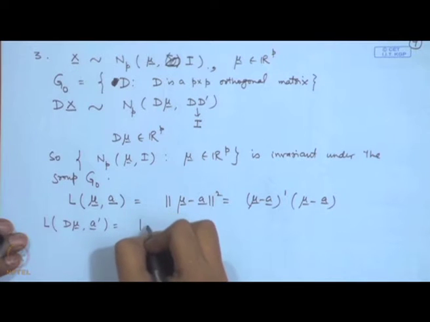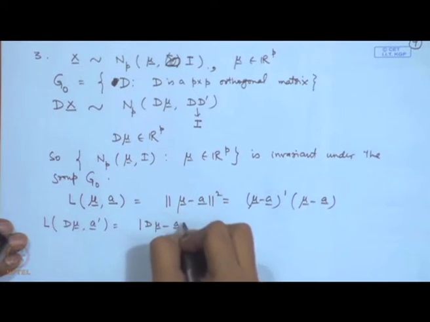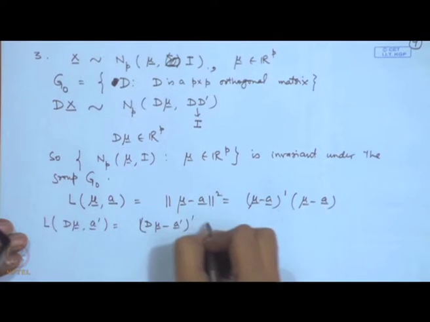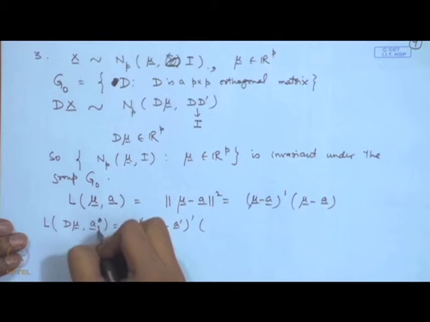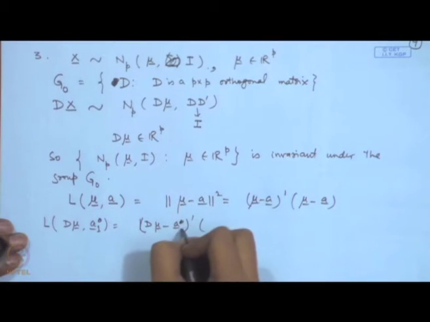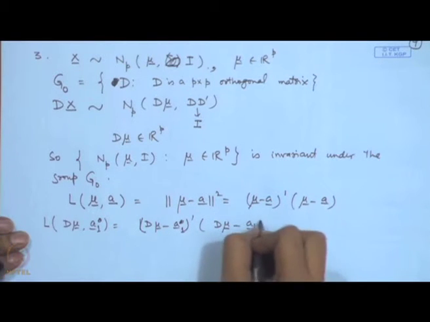Then that is equal to (D mu minus a1) prime (D mu minus a1).